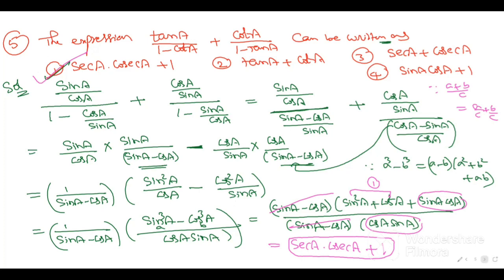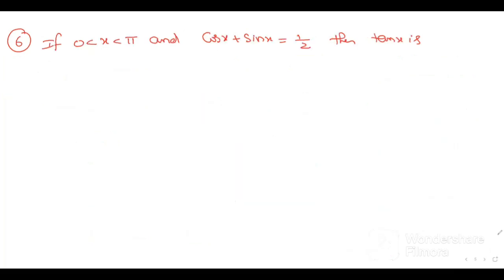Okay, now I am going to explain question number 6. Here, cos x plus sin x is equal to 1 by 2, where x lies between 0 to pi. Then find out tan x. Here, cos x plus sin x equal to 1 by 2 given, now squaring on both sides.